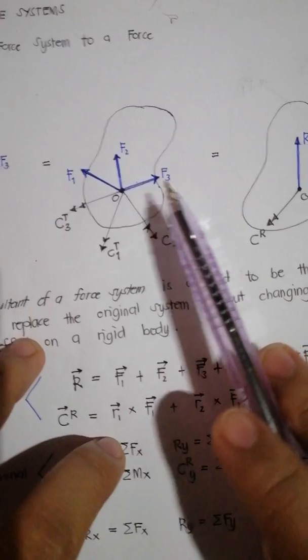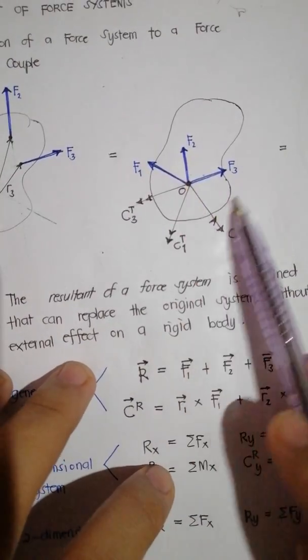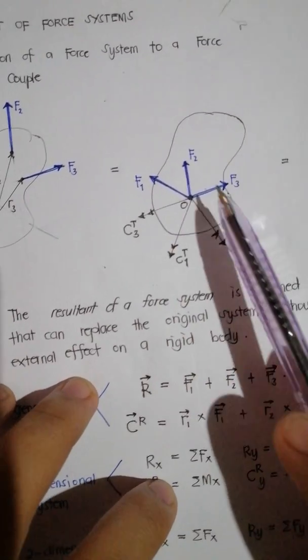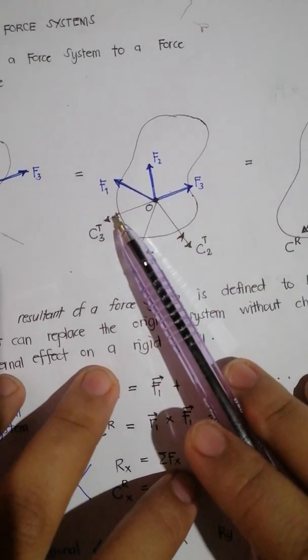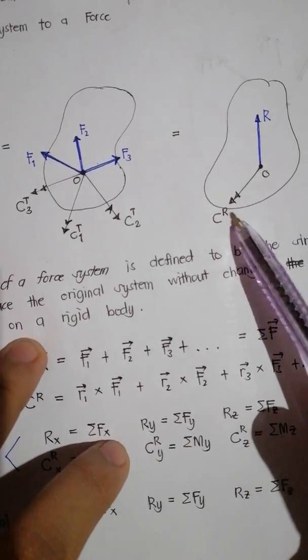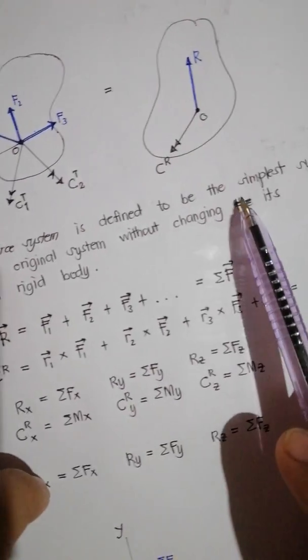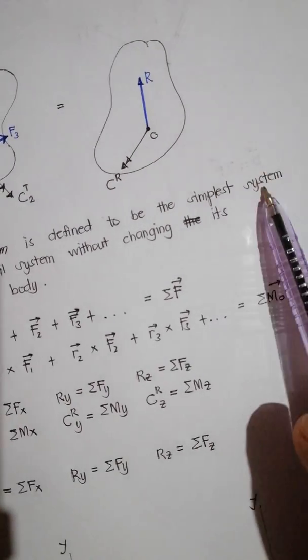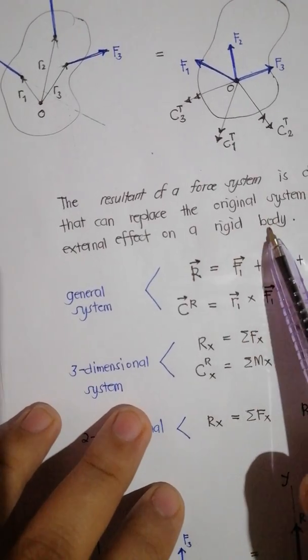Okay, and with this, for all of the forces in the system, we get its resultant, and for all of the couples or couple moments in the system, we also get its resultant. So therefore, the resultant of a force system is defined to be the simplest system that can replace the original system without changing its external effect on the rigid body.